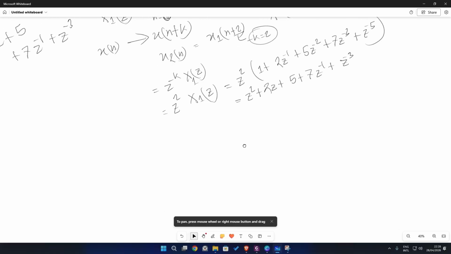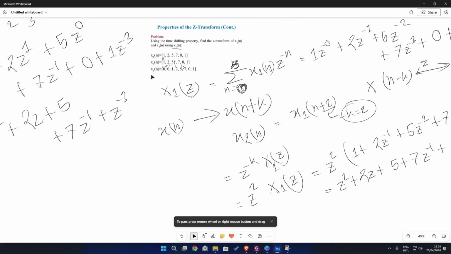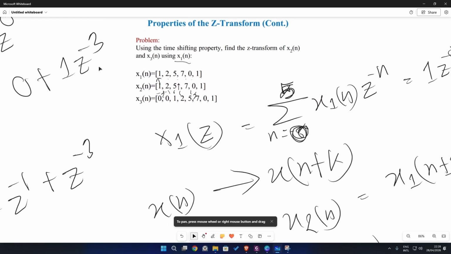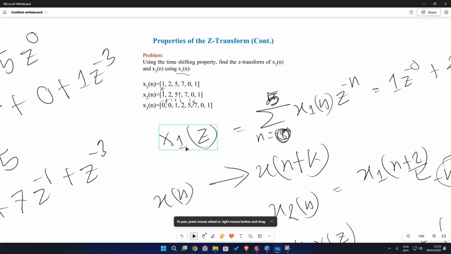of x2[n]. So now let's do X3(z). If you closely look at these terms and compare x3[n] and x1[n], we see 1 is starting here, but there are two zeros, so two terms are added extra. So in x2[n] it has been forwarded, and in x3[n] it has been backwarded. If something is backwarded, we can say it is delayed.